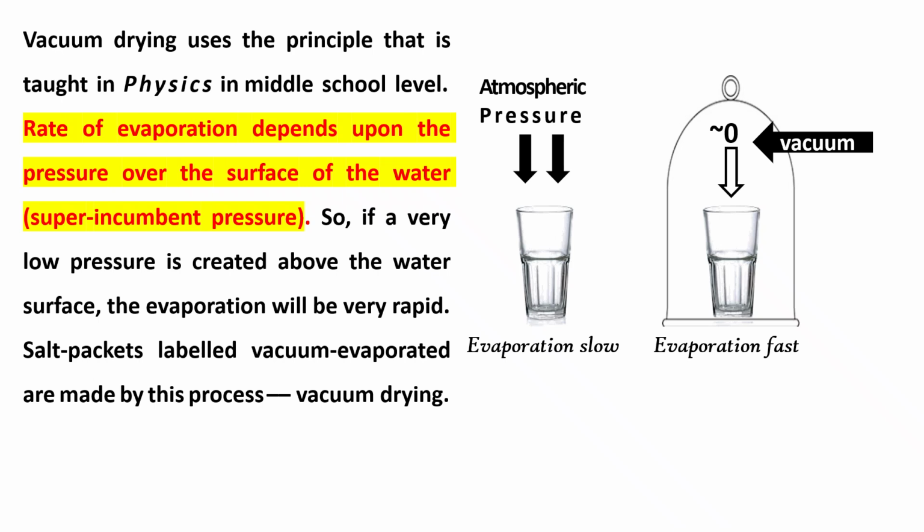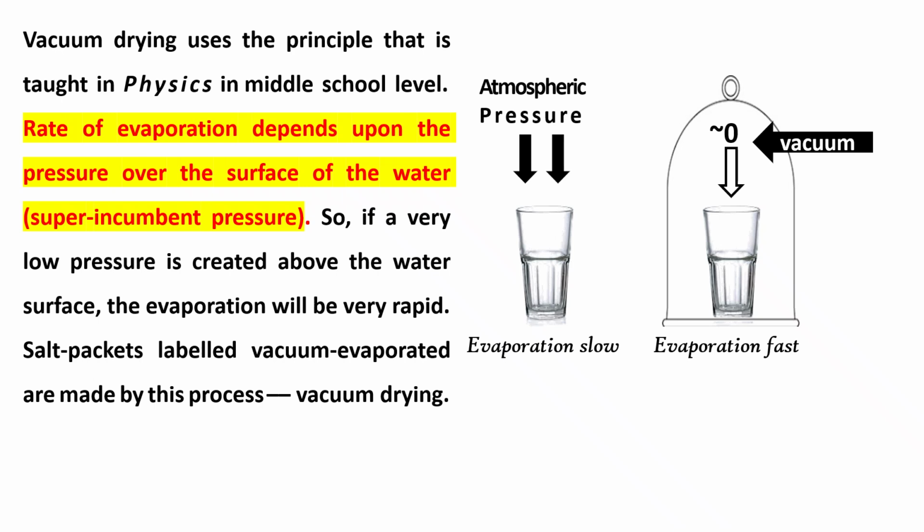If you create a vacuum, you get very fast, in fact instantaneous, evaporation of all the water, and that's exactly what we are doing in vacuum drying. Place it under vacuum so that water evaporates instantly, giving you coarse particles, small granules or microcrystals.